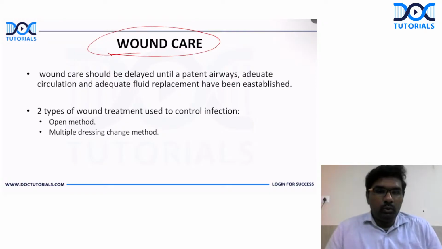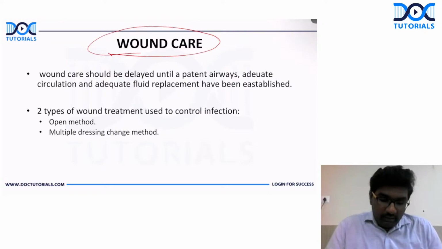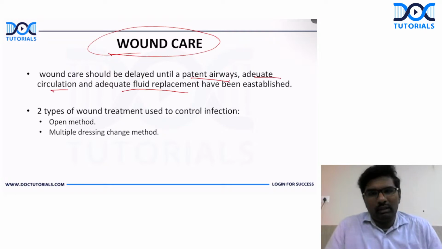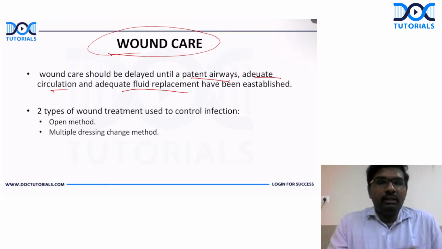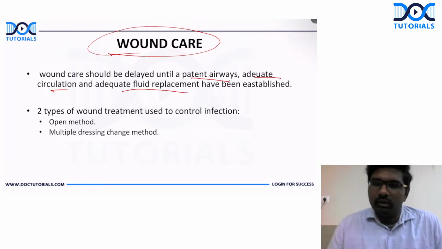Wound care should be delayed until the airway and adequate circulation and fluid replacement have been established. Of course, as we saw from the earlier slides, the resuscitation should be in a stepwise manner. Initially, airway should be managed, followed by circulation, and then fluid replacement. Then we will go with wound care.